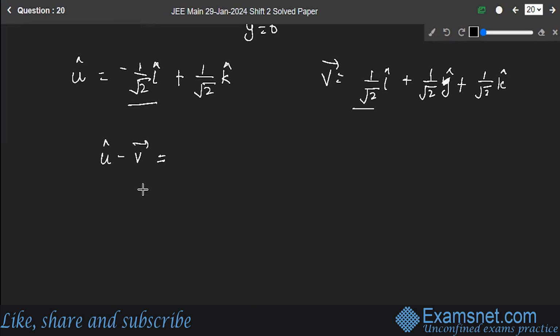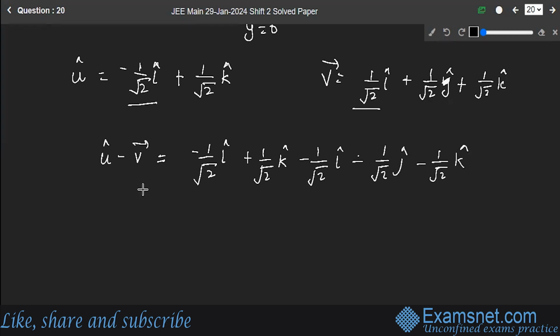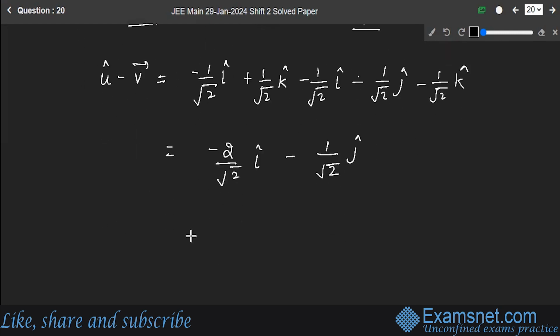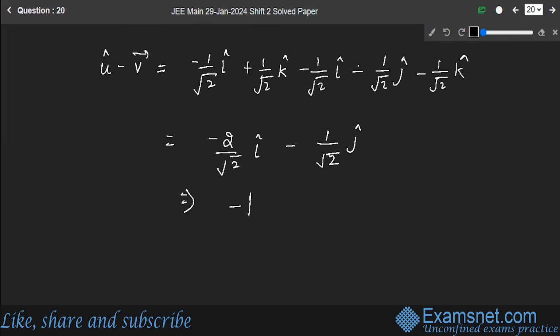Now u minus v. I'll subtract v from u. So you will have minus 1 by root 2 i plus this minus this thing. This will give me minus 2 upon root 2 i minus 1 upon root 2 j. This is equal to minus root 2 i minus 1 upon root 2 j.